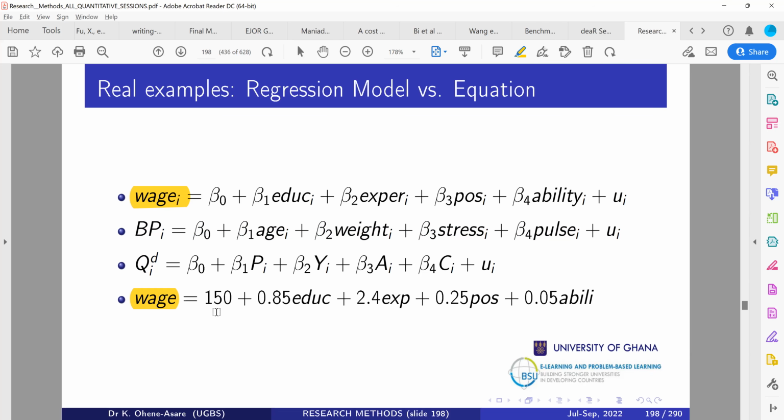Then the estimated equation has numerical coefficients for the betas, but the specified model has Greek letters for the beta parameters. So you got to know the difference between the two.